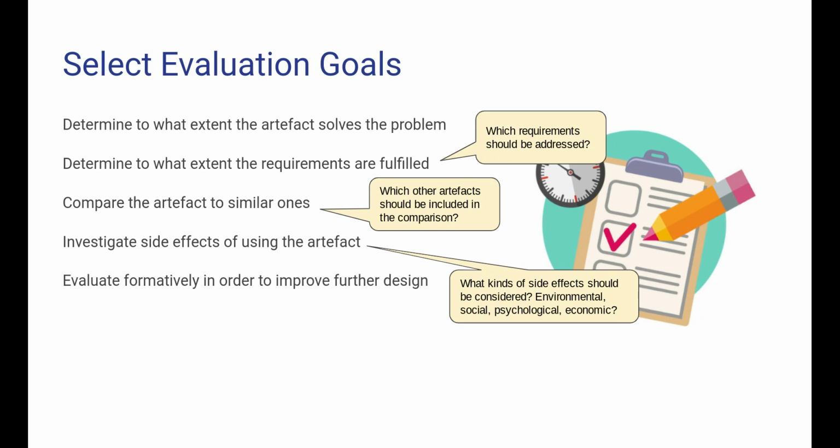If you are looking into side effects, then there are many different kinds of side effects. There are environmental or social or psychological or economic ones. So you need to decide which of these to investigate further. So selecting evaluation goals is both on the higher level and on a more detailed level.